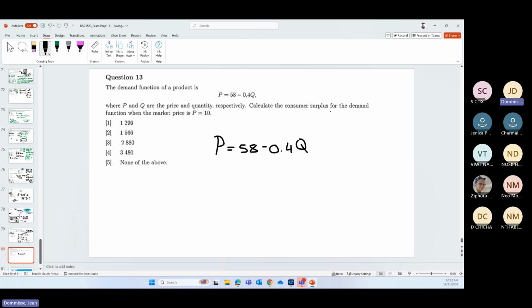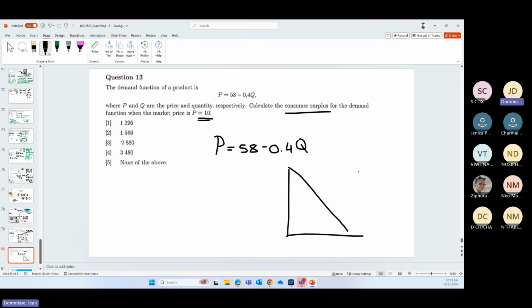Calculate the consumer surplus for the demand function when price is equal to 10. Okay, consumer surplus, a bit different. So that's why I thought we'll end off with the nice one.